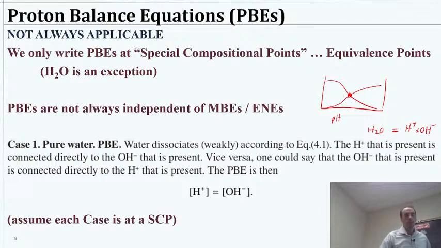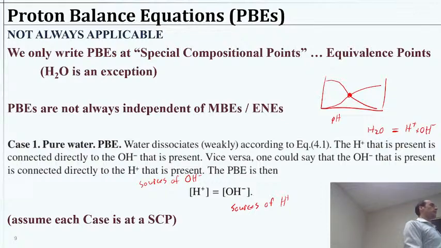So if we're writing on the right side of the equation sources of H plus, and on the left side of the equation we're writing sources of OH minus, then we get H plus equals OH minus for the case of water. Okay, does that make sense? Good enough for now? Okay.